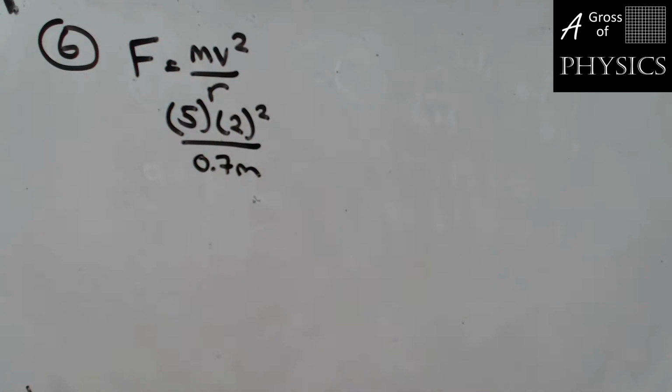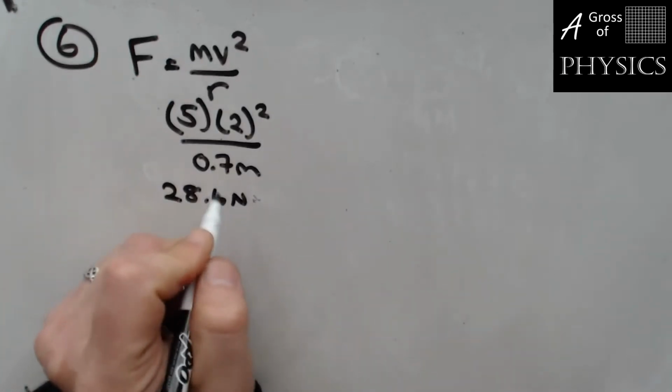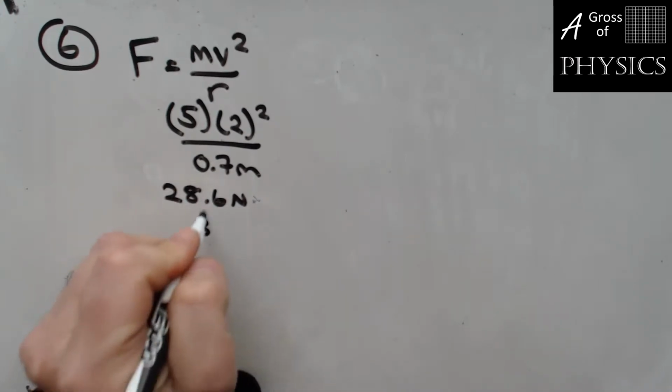So 5 times 4 divided by 0.7 is 28.6. So 28.6 newtons, which the closest one is 3, 29.